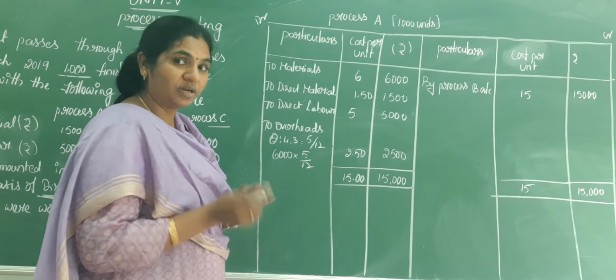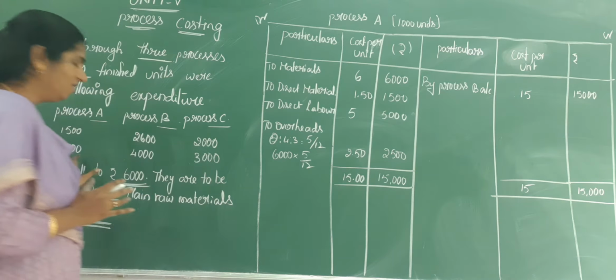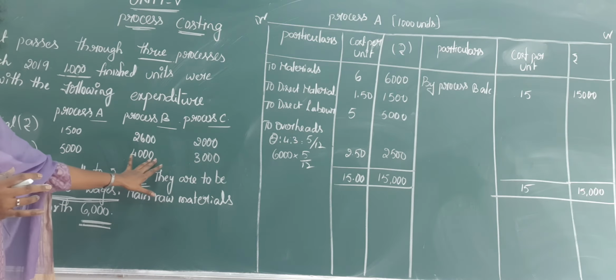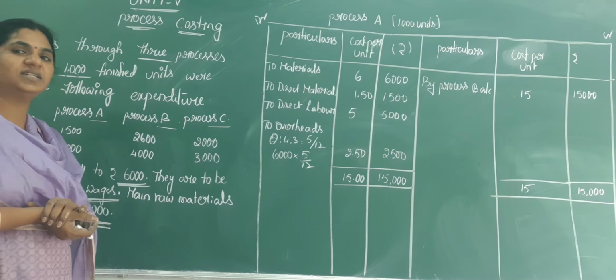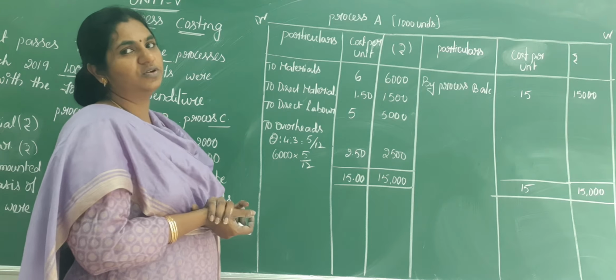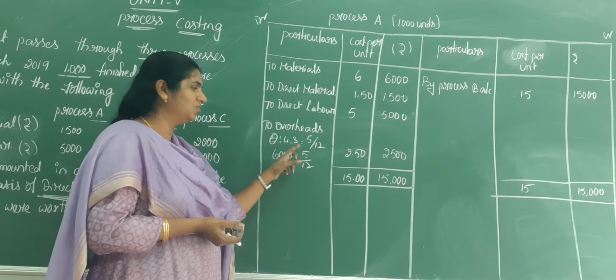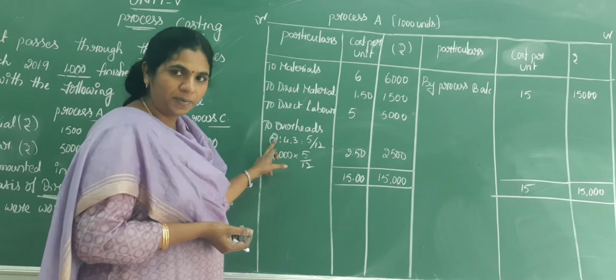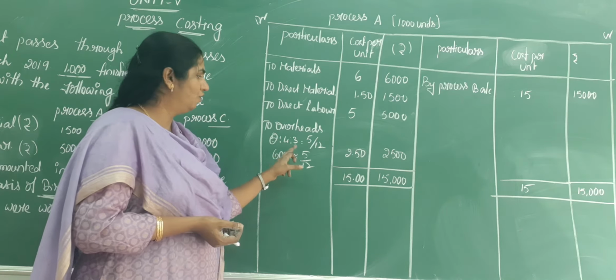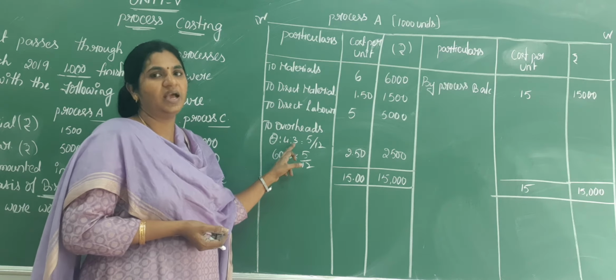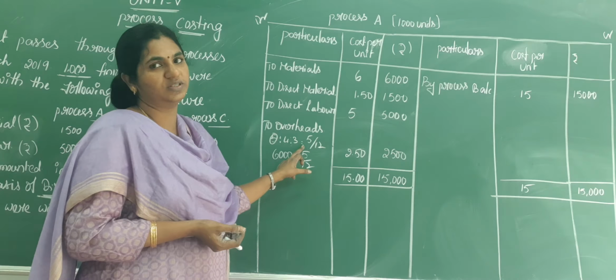So what is the ratio for direct wages? Here they have given 5000, 4000, 3000. So let us take it as 5000 is to 4000 is to 3000. So 5 is to 4 is to 3. 5 is for process A, 4 is for process B, and 3 is for process C.